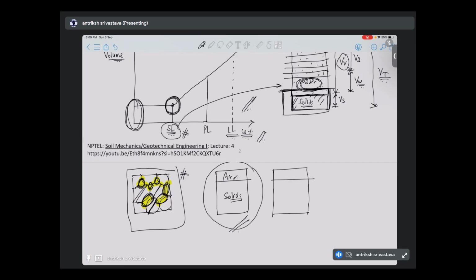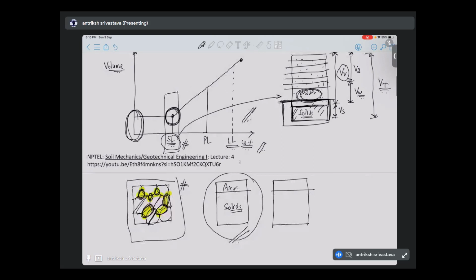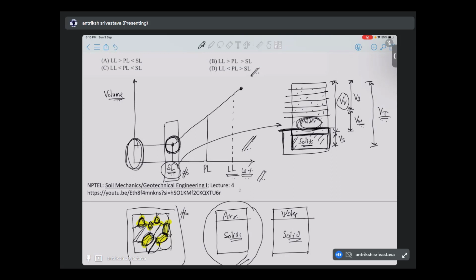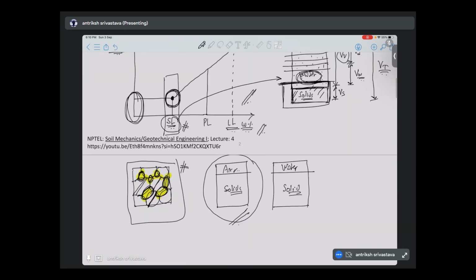But if someone asks you that we are drying the soil from the liquid limit and we stop at the shrinkage limit, what will the phase diagram look like? You have to say that this will be solid and this will be water. Because one thing you have to remember is that even at the shrinkage limit, the soil is saturated.